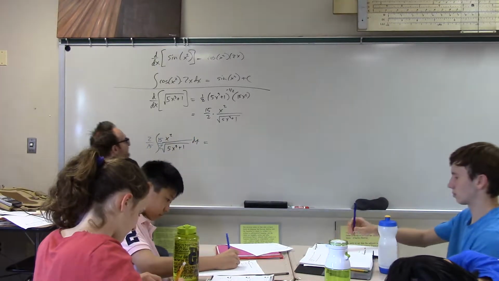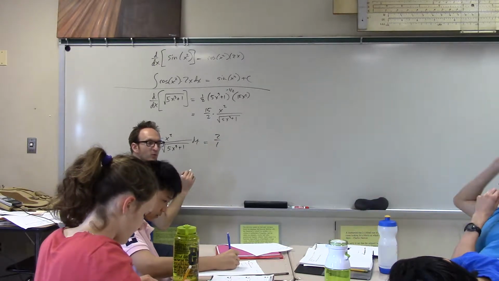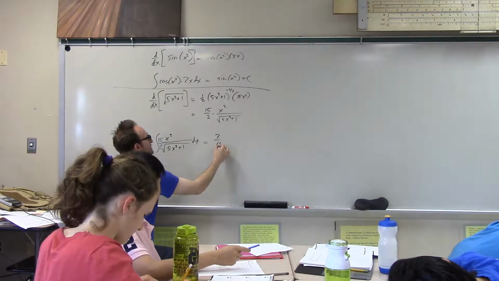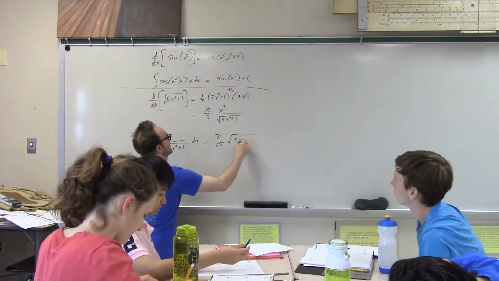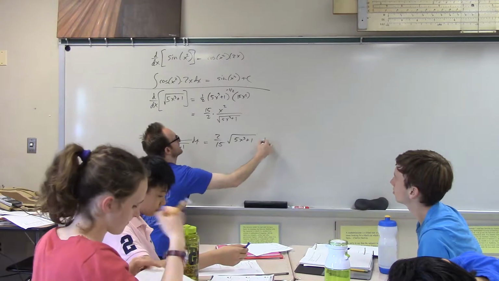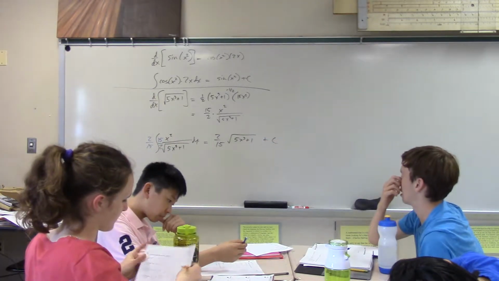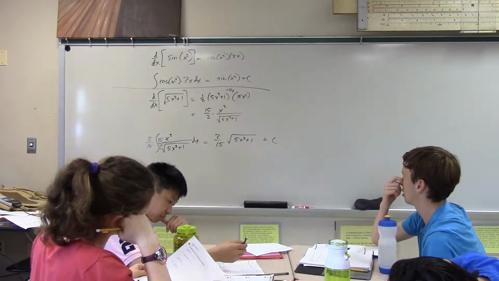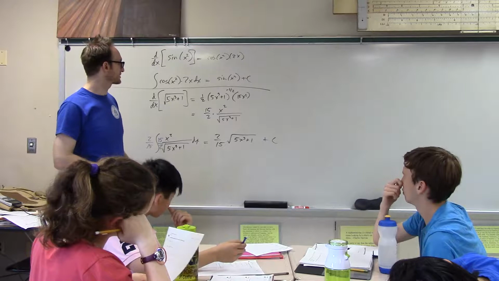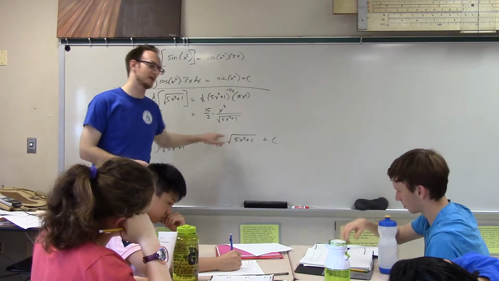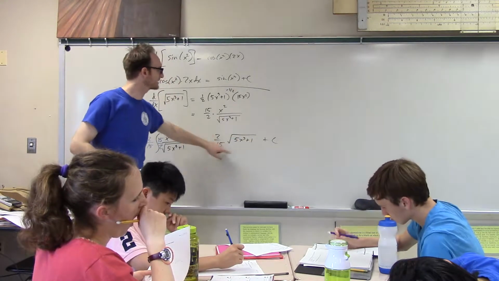Thus, what's the answer? 2/15 root of 5x cubed plus 1, plus c. And if you don't trust me, you can always just differentiate it, and you should get this. The 1/2 comes down, kills the 2, the back inside, everything works.